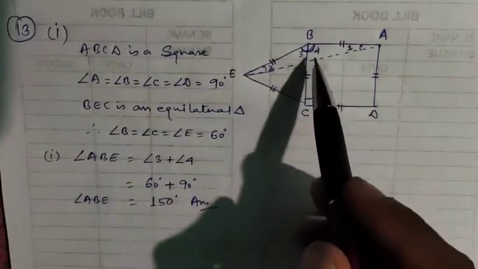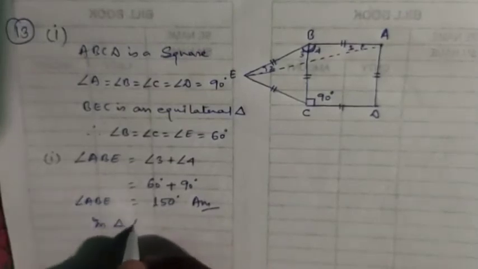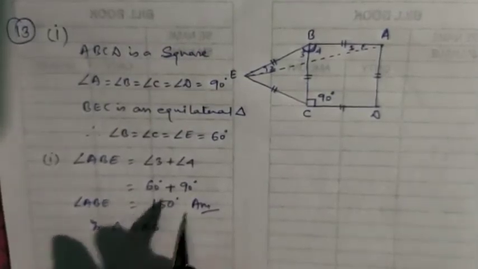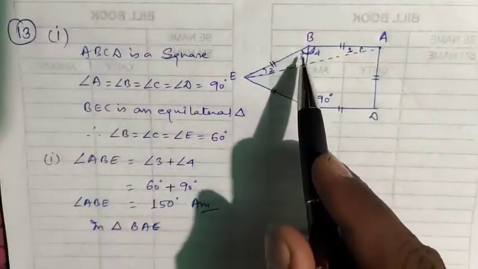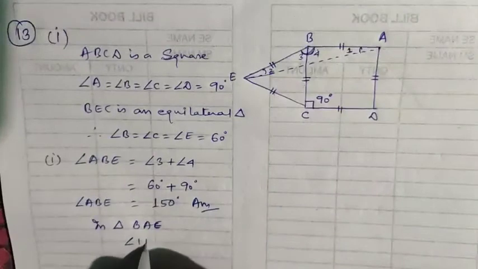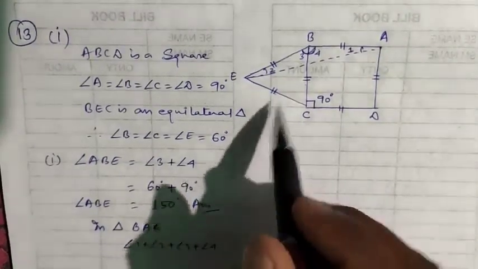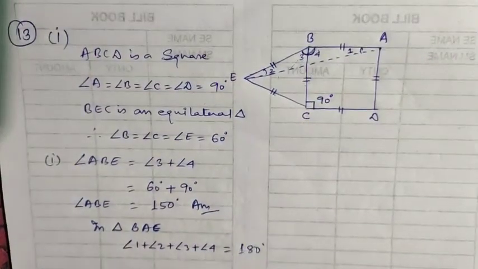Second, it is asking about angle BAE. Now we will take the triangle BAE. In triangle BAE, we can see that angle 1 plus angle 2 plus angle 3 plus angle 4, where 3 plus 4 will be a single angle, is equal to 180 degree.